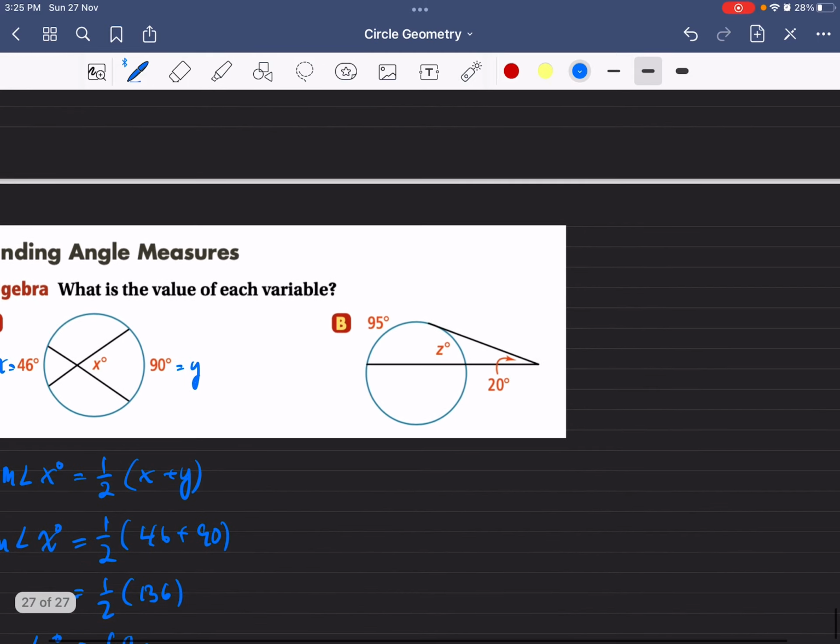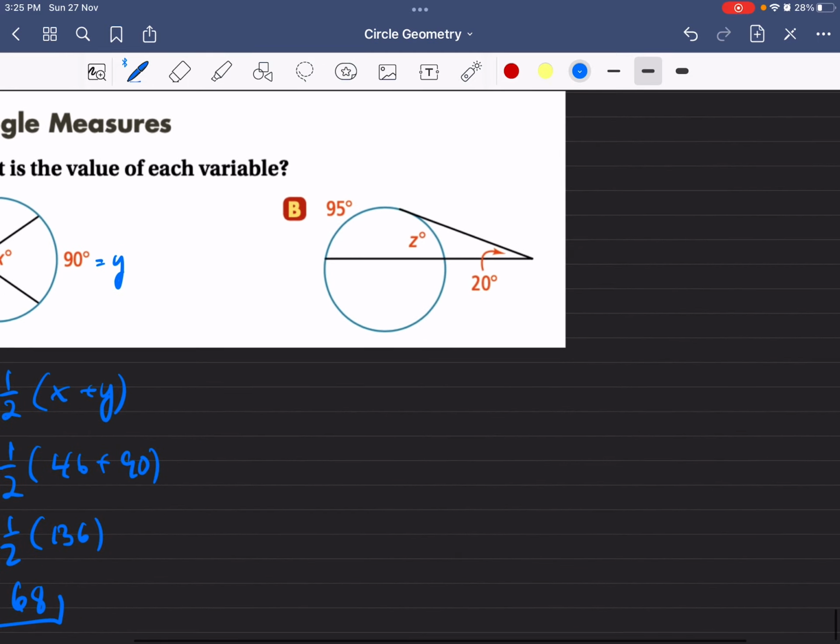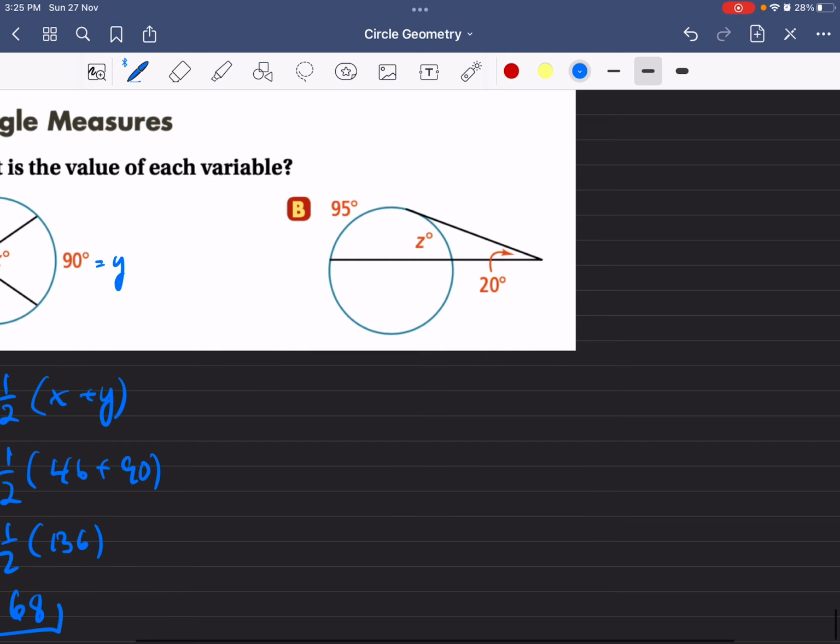So still our formula is: the measurement of angle 1 is going to be 1/2 of x minus z. In this case, the angle has already been given.